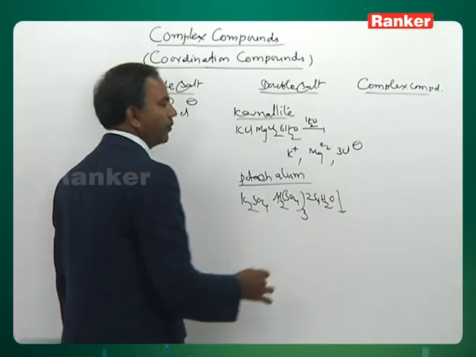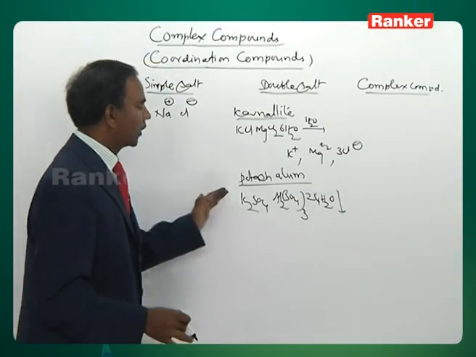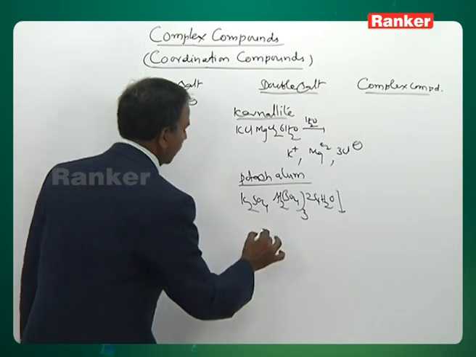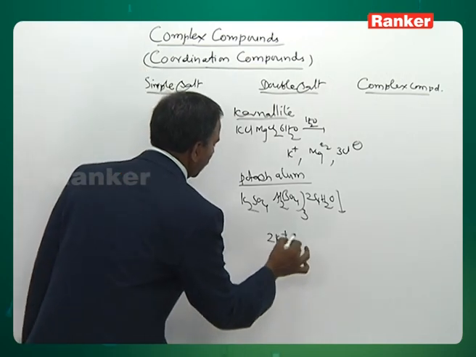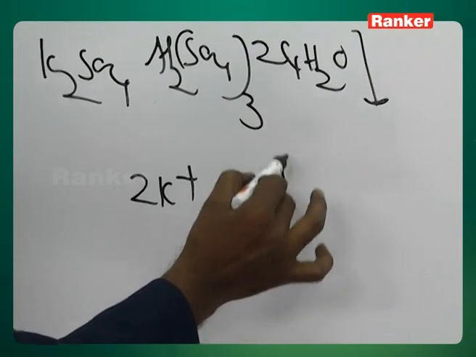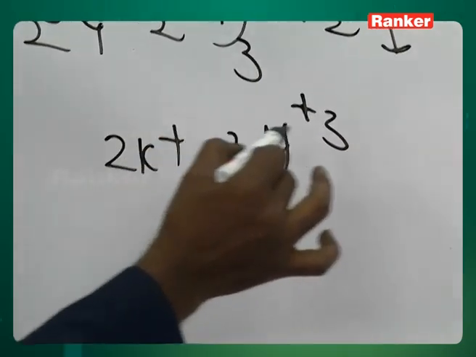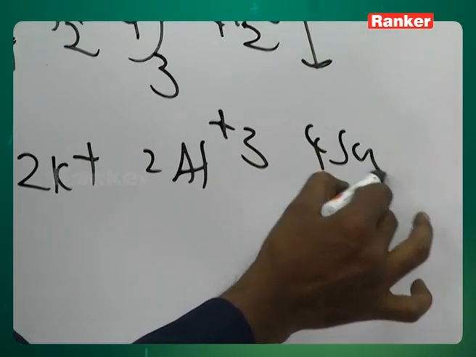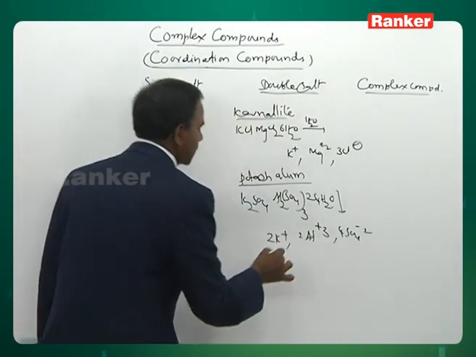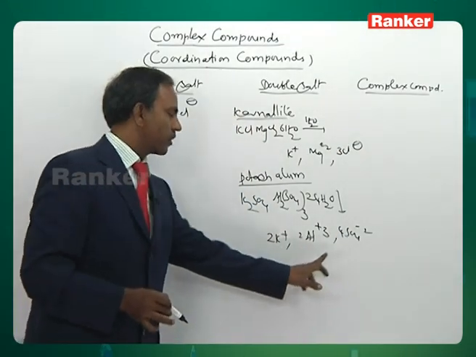When you put this potash alum into water, it undergoes complete ionization. In what way? Check it: 2K+, 2Al3+ and 4SO4 2- ions you are getting. Like this, you get K+ ions, Al3+ ions and sulfate ions.